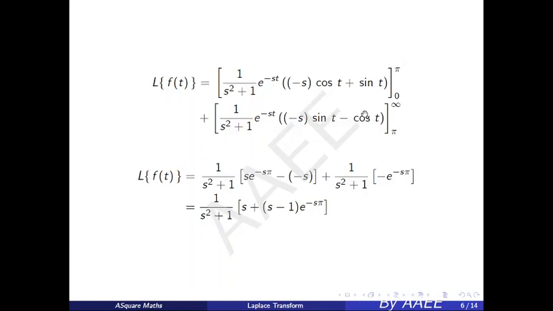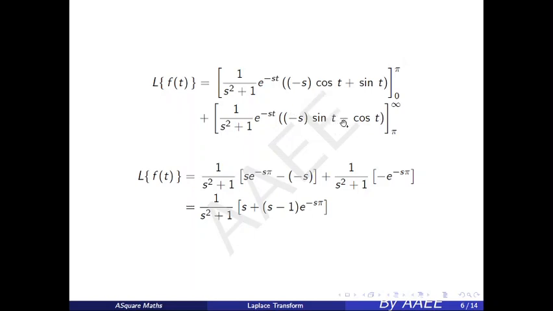By putting lower limit 0, e raised to 0 is 1, cos of 0 is 1, and e minus s and lower limit is minus, so minus minus, in next step it has become plus for this one, and sin of 0 is 0. For this term, e raised to minus infinity upon and into here is infinity.